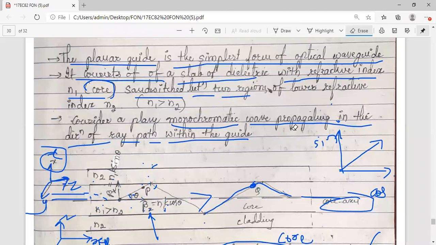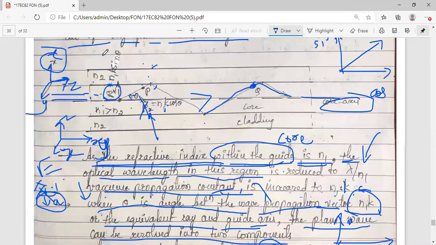One is the z direction, the other one is the x direction, out of which z will now not come into the picture. I am talking about the x direction, because whenever an electromagnetic wave travels through the waveguide, modes get created. What is a mode? You will understand later. The electric and magnetic fields differ in their direction of propagation and their angles as the wave propagates. So out of z and x, I am considering beta x.